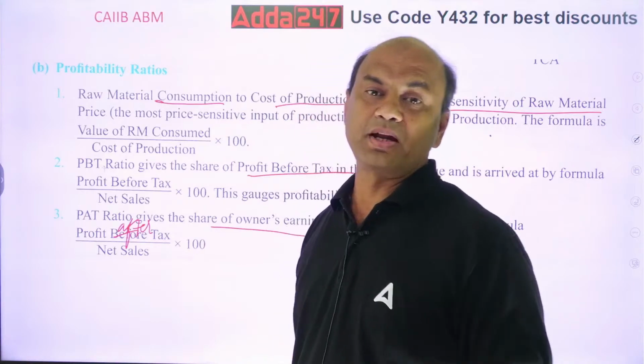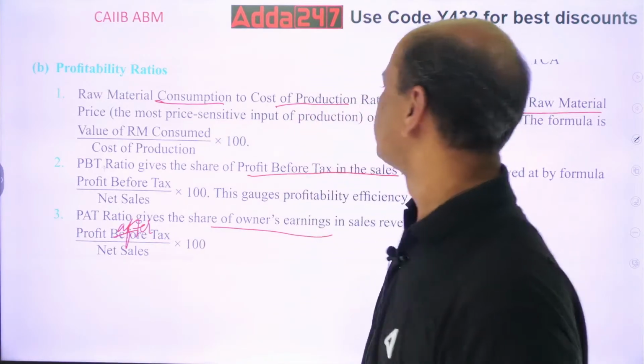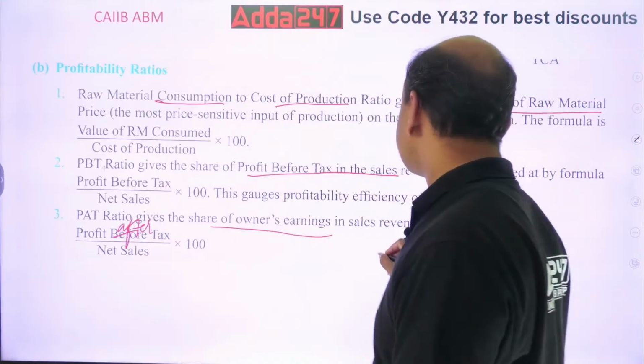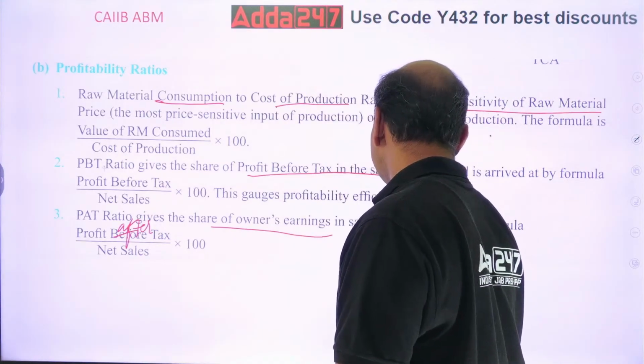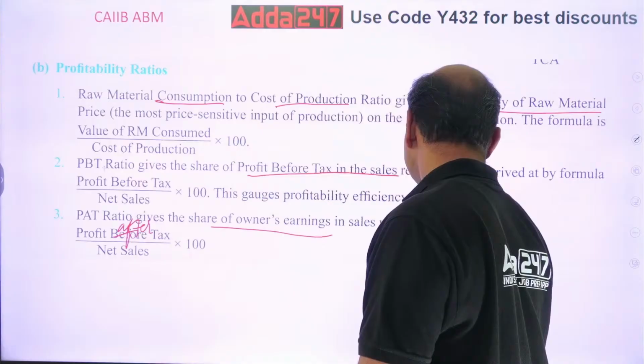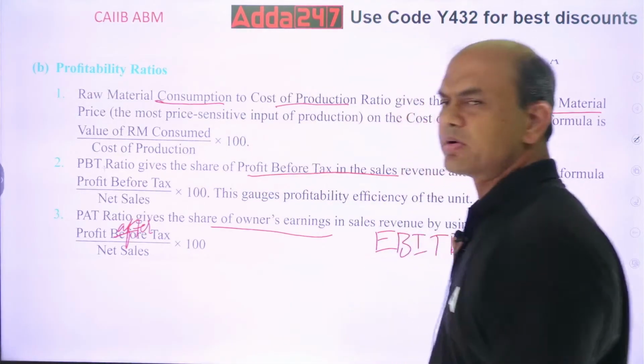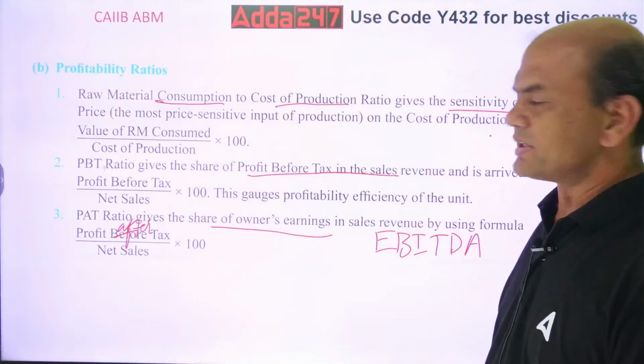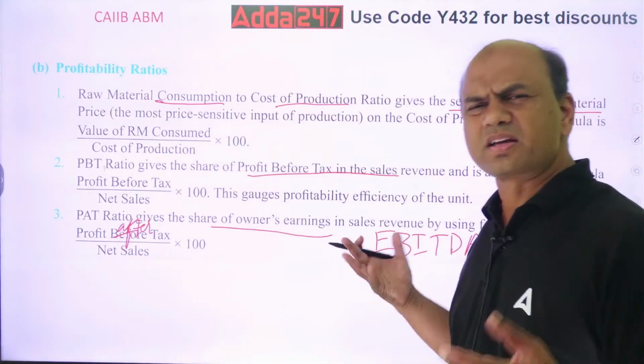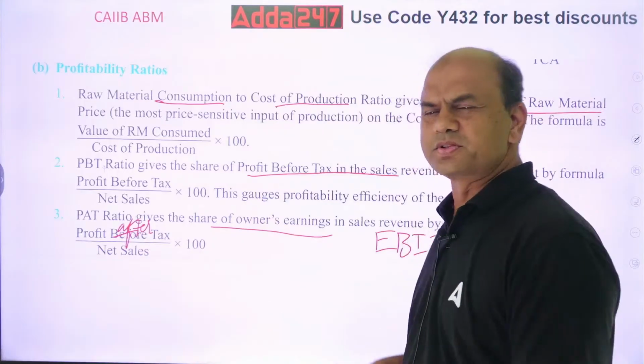How does this PBT and PAT work out? See, it's like this. First, always it is EBITDA, earnings before interest, taxation, depreciation and amortization. This is known as EBITDA, or you can call it gross profit also.